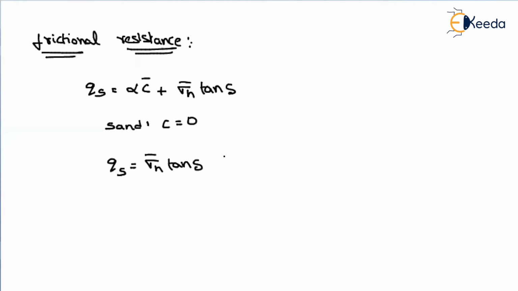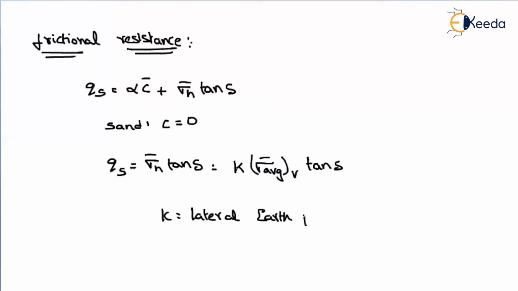What is meant by sigma H bar? It is the lateral earth pressure. That can be found by using some constant K into the average stress along the vertical direction, into tan delta. Now, K is nothing but the lateral earth pressure constant.